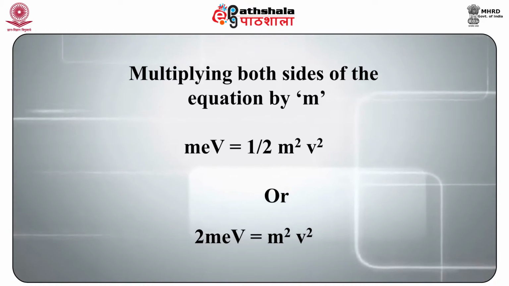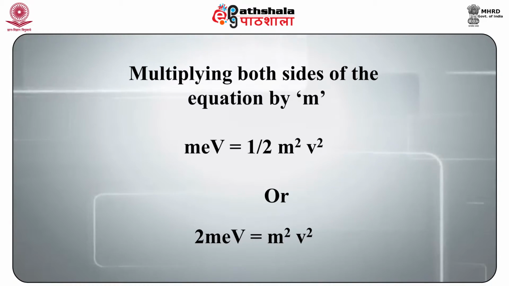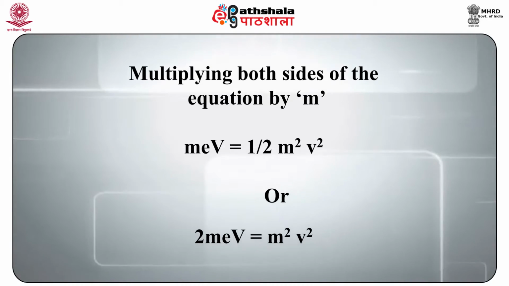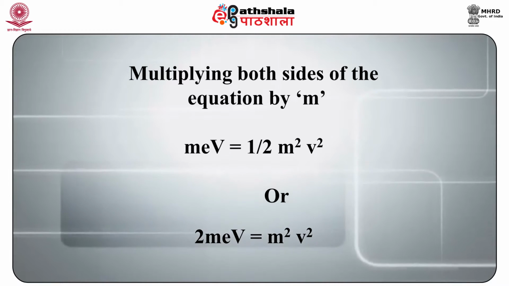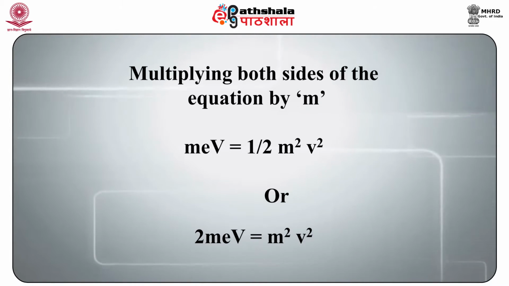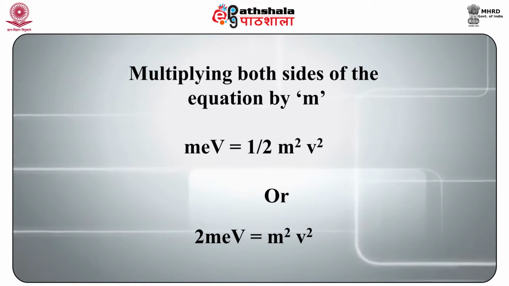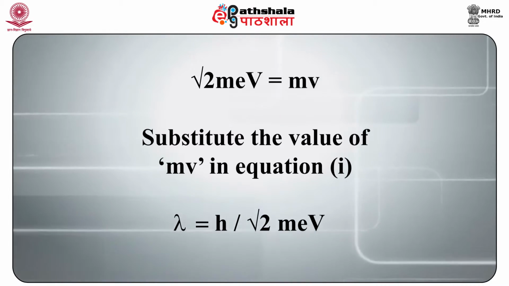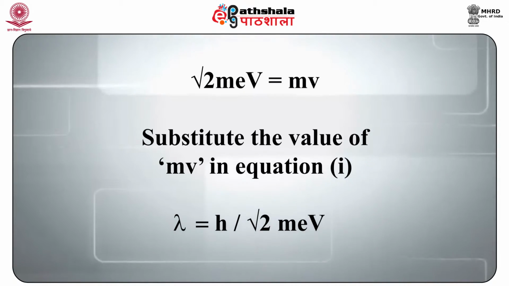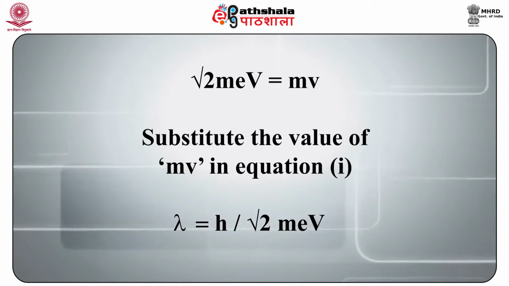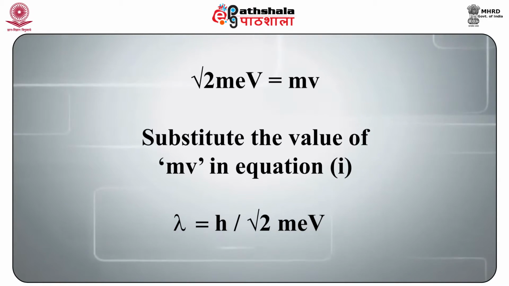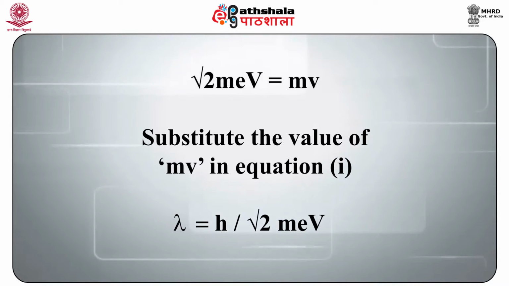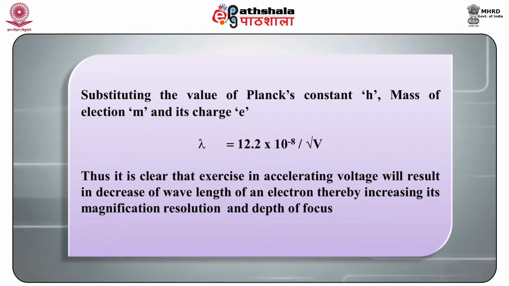Multiplying both sides of the equation by m gives meV is equal to half m square v square, or it can also be written as 2meV is equal to m square v square. After taking the square root, the formula goes: under root 2meV is equal to mv. Now substitute the value of mv in equation 1 and you'll get lambda is equal to h by under root 2meV.